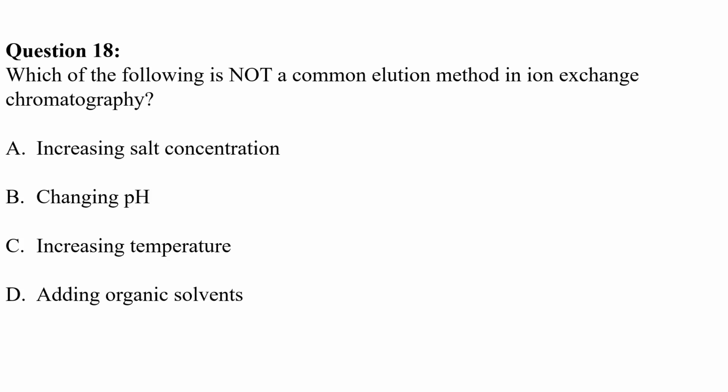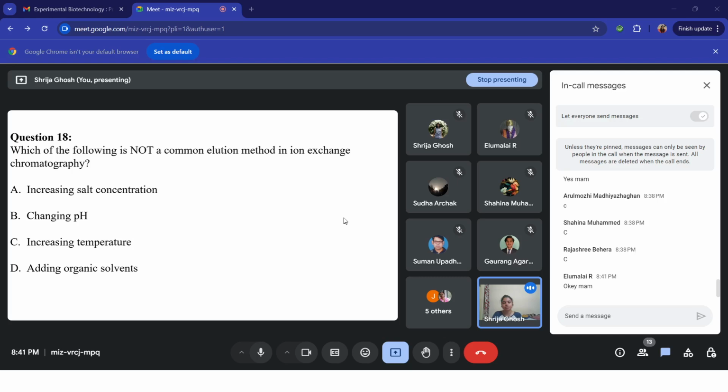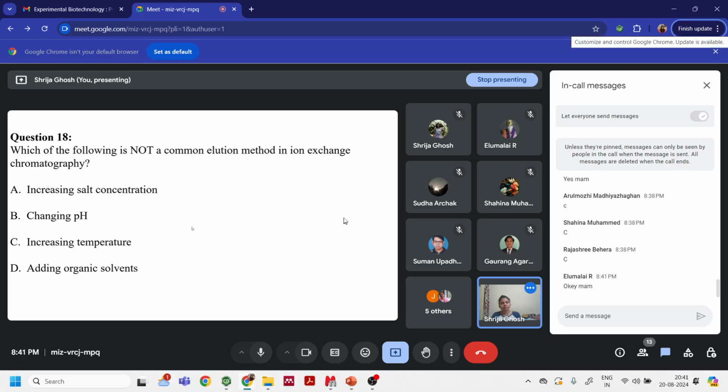And option D, adding organic solvents. Now think of it in a way that in ion exchange chromatography, the separation is based on charge. So elution will be based on charge. So which of the following factors is not going to affect the charge?